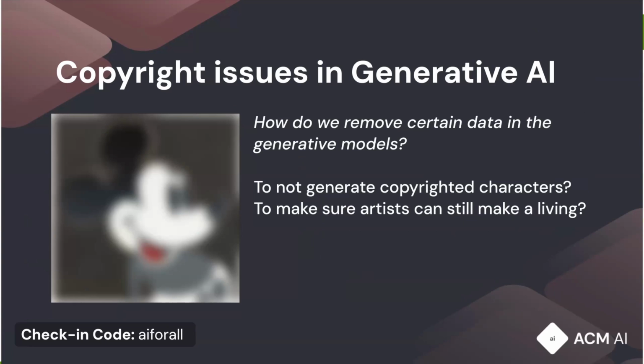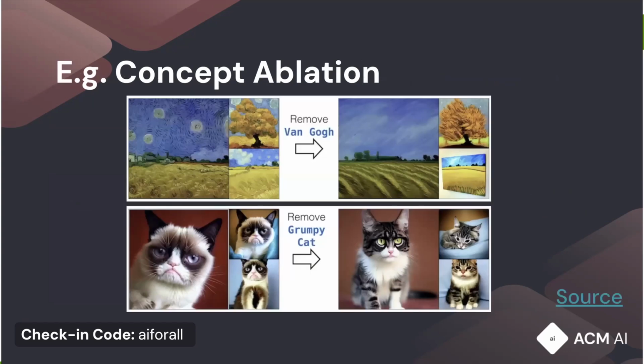So how do we mitigate the copyright issues within generative AI? So for example, how do we prevent the generative AI from generating that character who should not be named? Yeah, so currently one of the examples for what people are doing, feel free to look at the source.